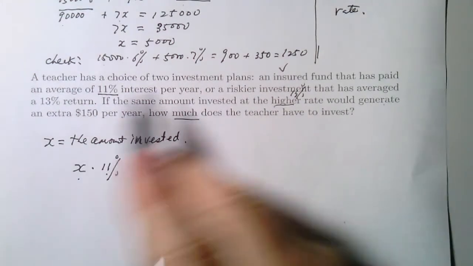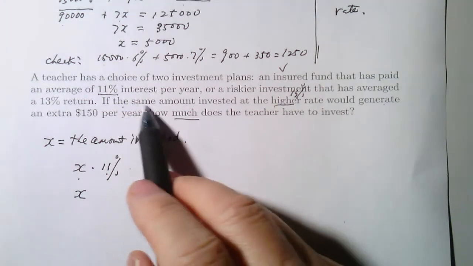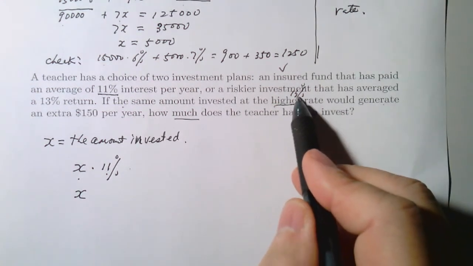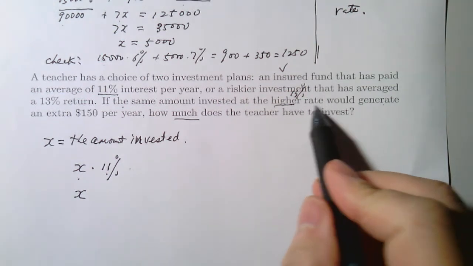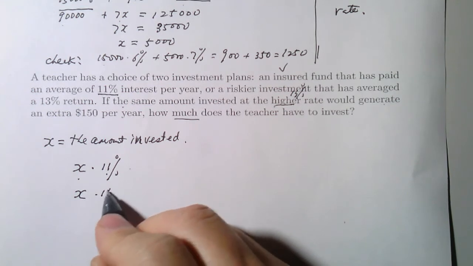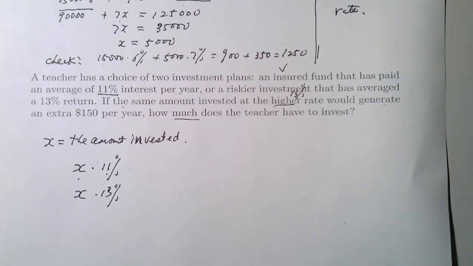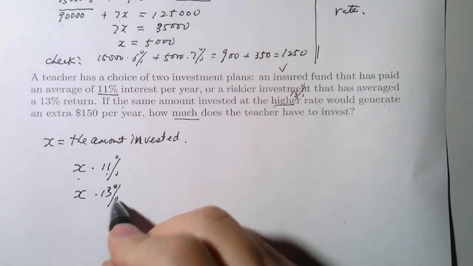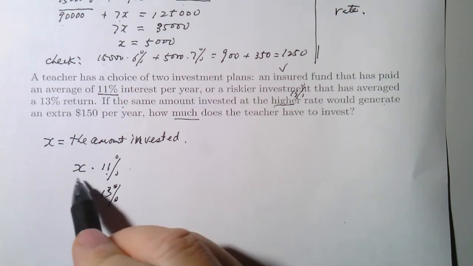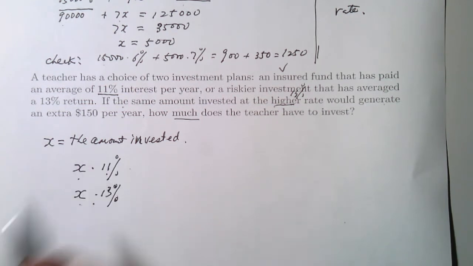For the second account, it's also x dollars, because it says if the same amount is invested at the higher rate, which is 13%, it would generate an extra $150. This means the total interest earned from this account is $150 more than the other account.